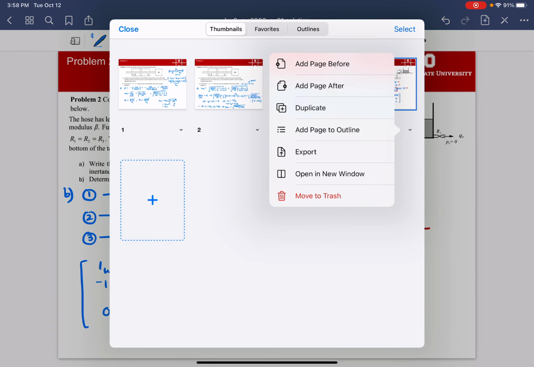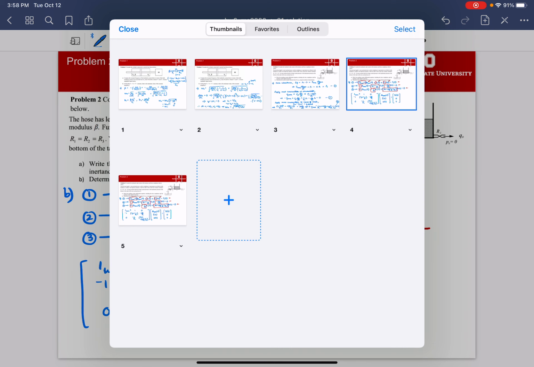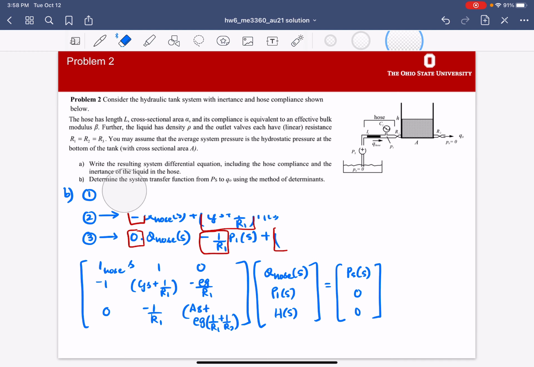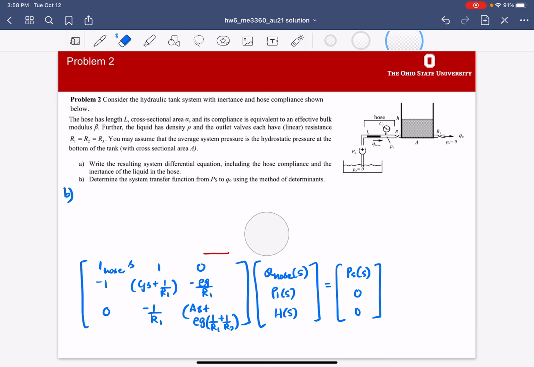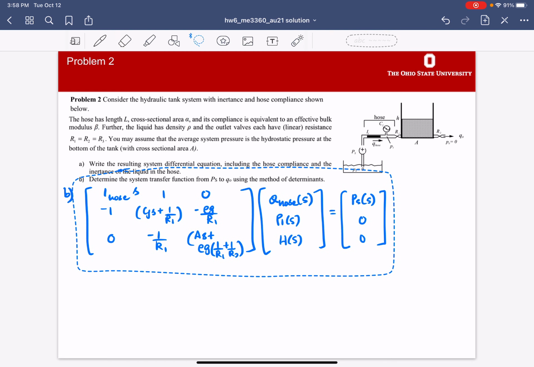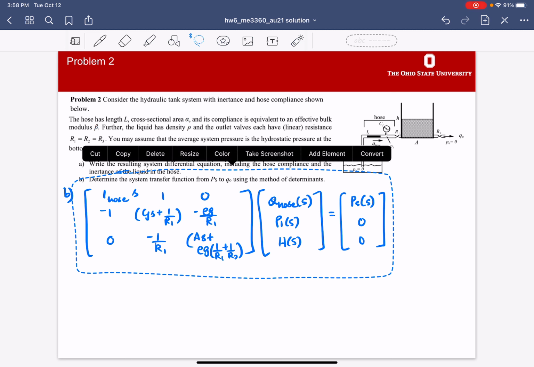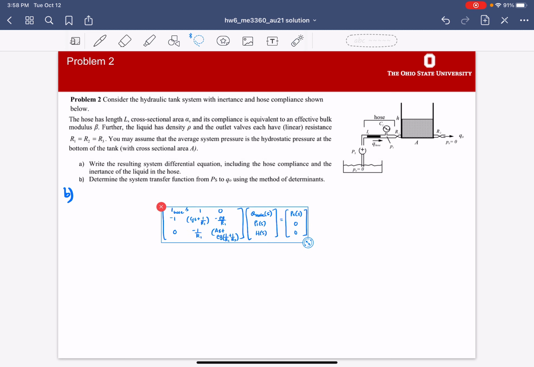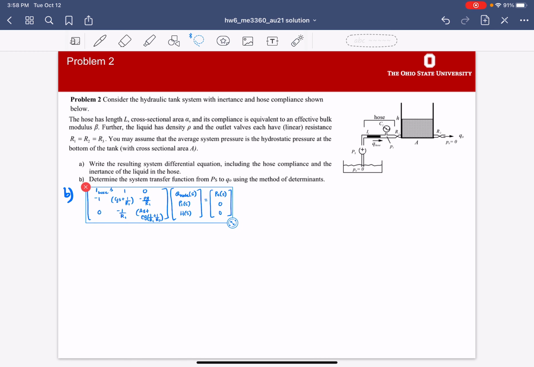Let me add in another page so that we can have a look at this. Let's remove some of this, we don't need that. And let's cut this, put this on the top. And maybe let's shrink this a little bit because these matrix equations do get really large.